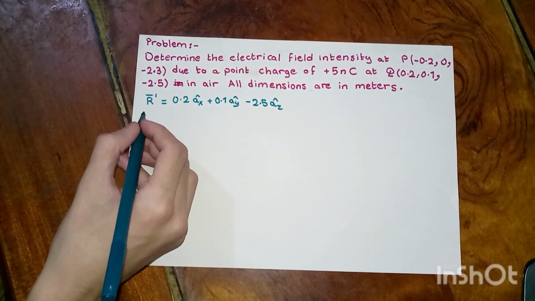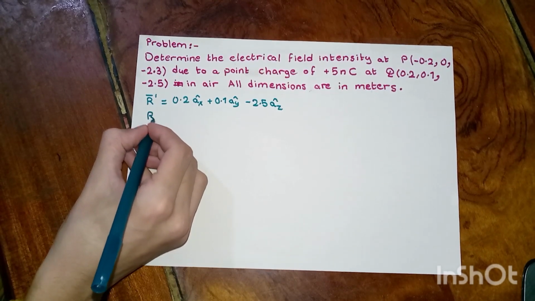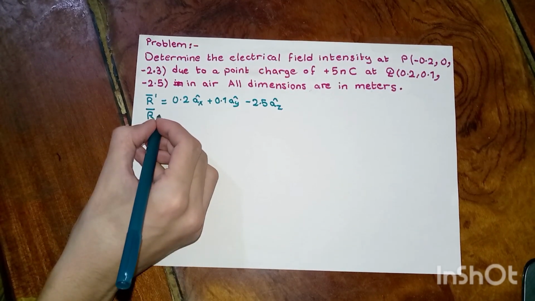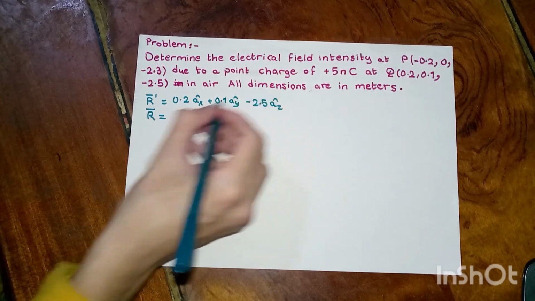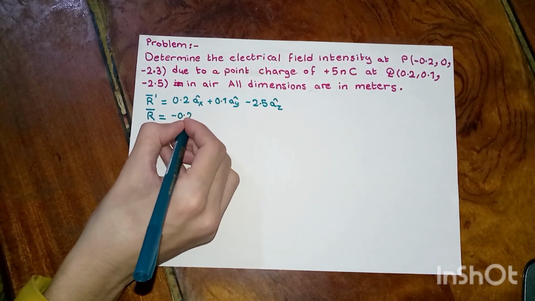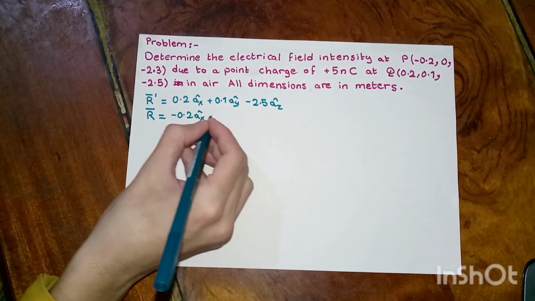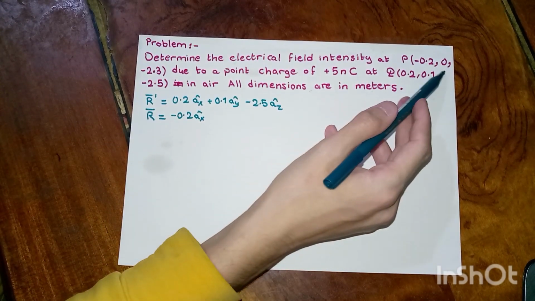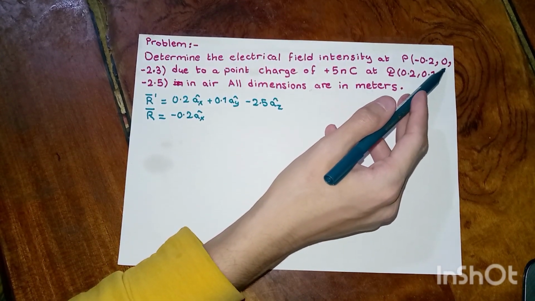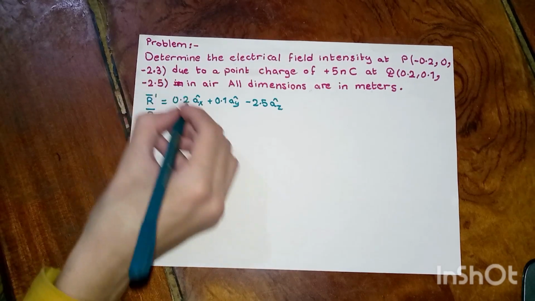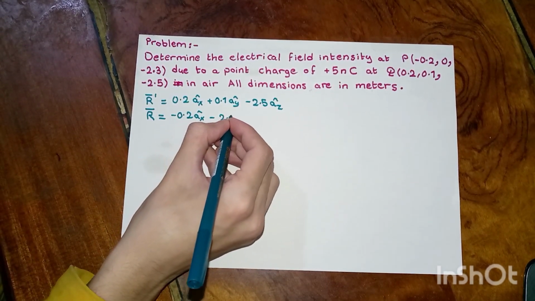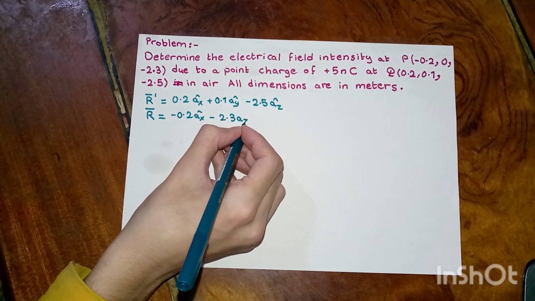And the position vector for the point is r, which is minus 0.2 a sub x, and 0 a sub y, there's no need to write it, and minus 2.3 a sub z.